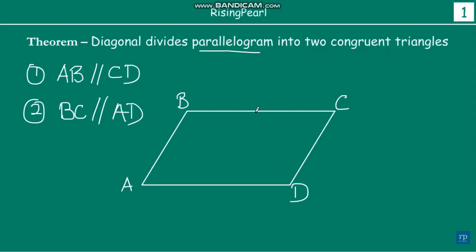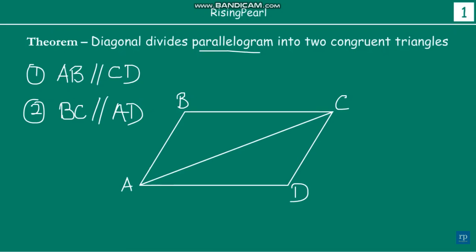This is the basic property we already discussed in the previous classes. So using this property, we can prove that a diagonal divides a parallelogram into two congruent triangles. Which are the two sides that are parallel? AB parallel to CD, BC parallel to AD. Suppose AC is a diagonal.